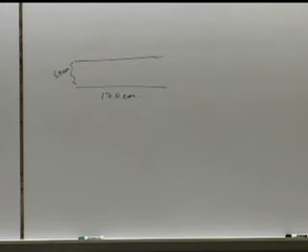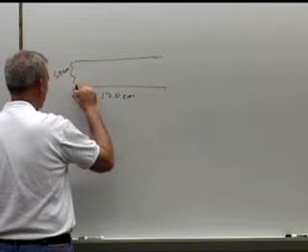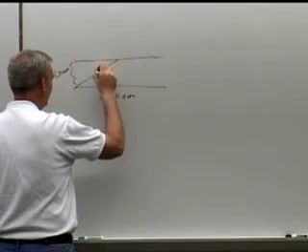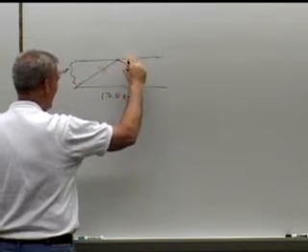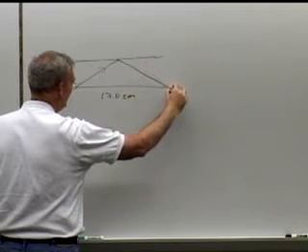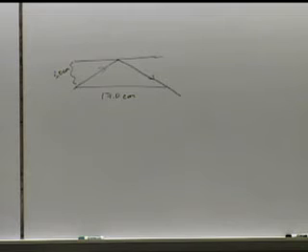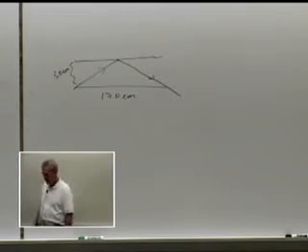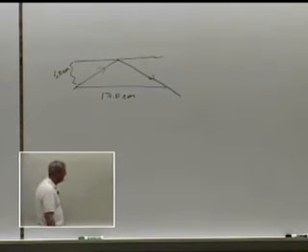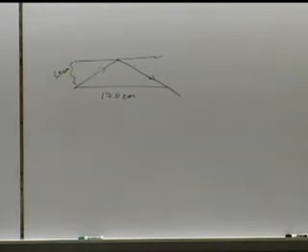Okay, now what I'm going to do is shoot a little laser beam of light. Here's my little laser beam of light. And I want it to come out of here just like that. I want it to get reflected only once.